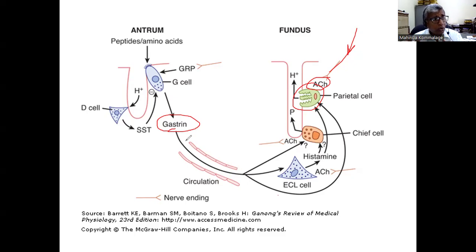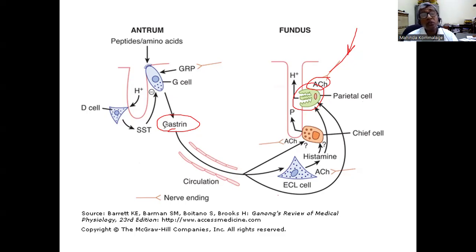If it is purely a hormone, how does it come to the parietal cells? Through the blood. Yes, very good. It's an endocrine hormone, as you learned in Advanced Level. So it will come through the blood.